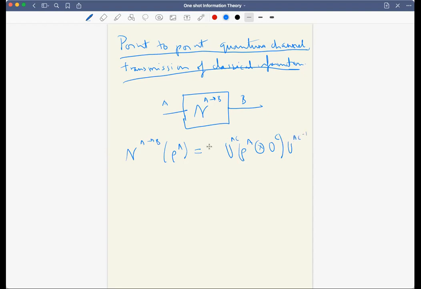And then I'll trace out, for heavy notation, I'll call it E. Trace out E, because the unitary is from AC to BE.